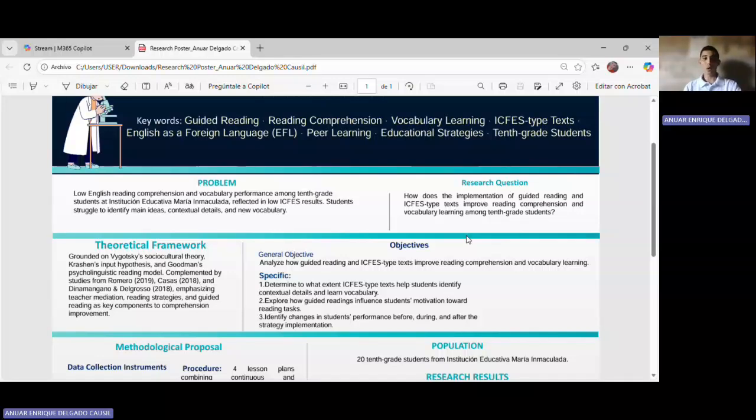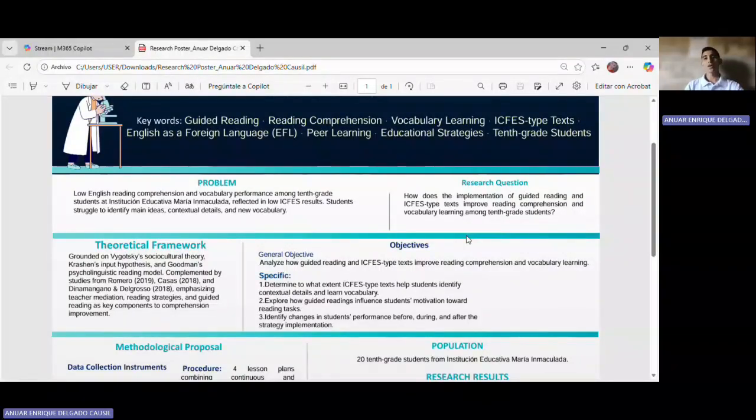The next was to explore how guided reading influences students' motivation toward reading tasks. Lastly, to identify changes in students' reading performance before, during, and after applying the strategy. These objectives guided the entire design, implementation, and evaluation of my pedagogical practice.